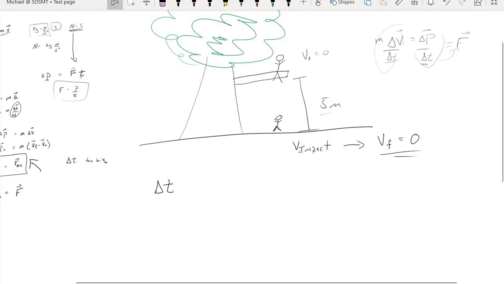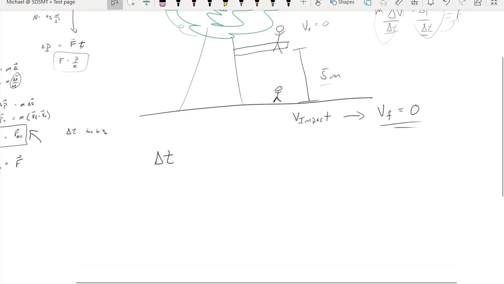And I can already hear some of you going, ooh, because in locking the knees, it's going to make for a very, very, very short time interval. In fact, we'll say that this is 100 milliseconds. Let's back that off. We'll say 10 milliseconds.